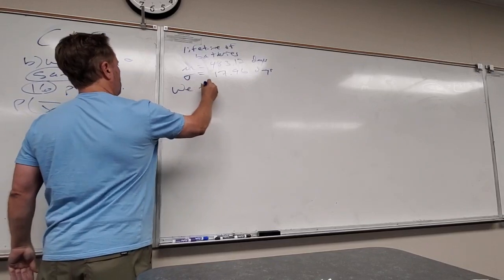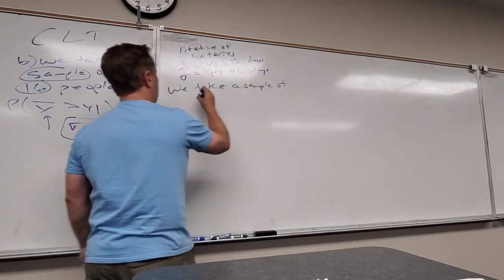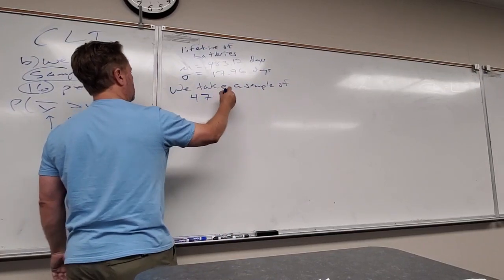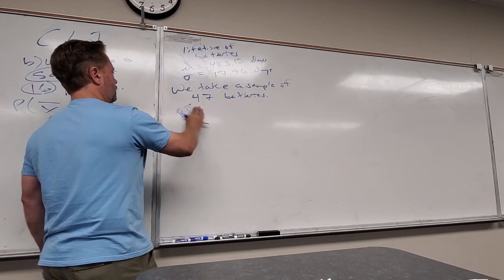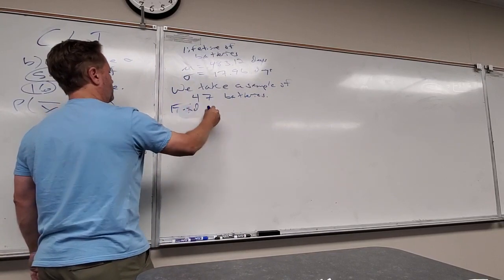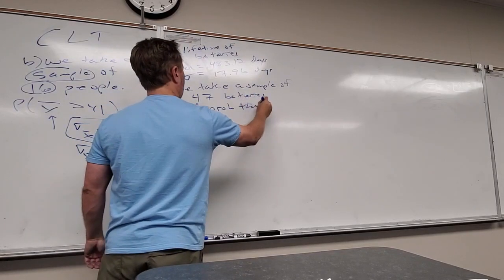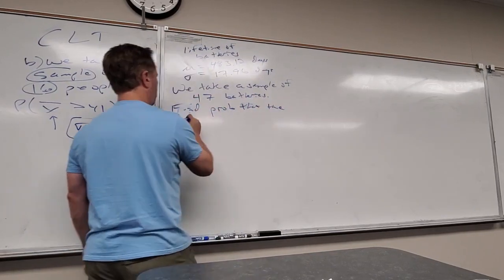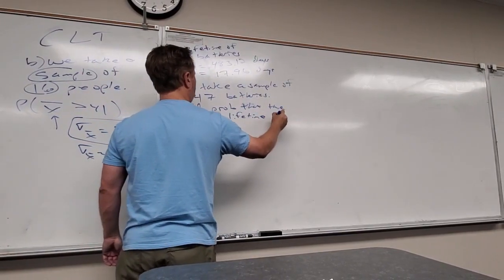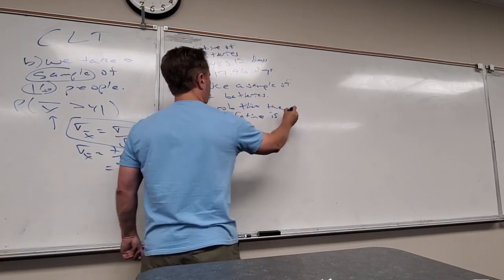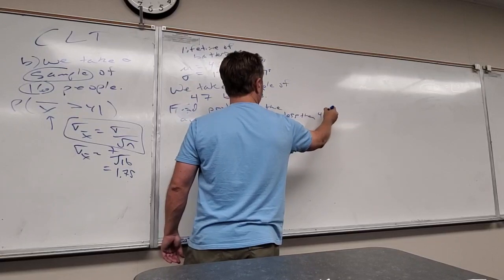We take a sample of 47 batteries. What's the probability? Find the probability that the lifetime of these batteries is less than, what do you got, Jeff? 46.